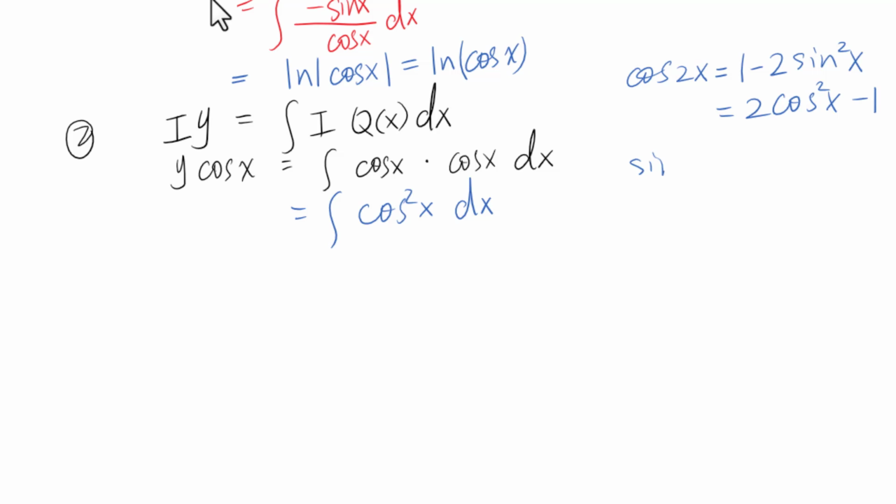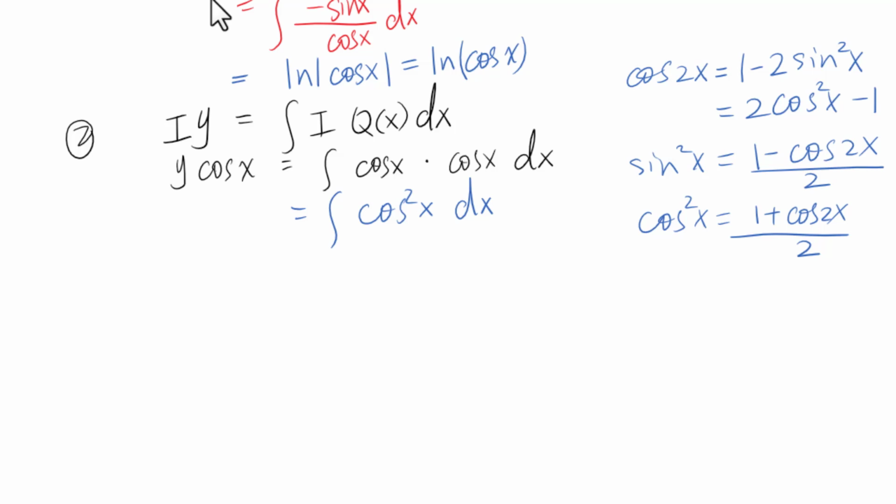So we get sine square x equals (1 minus cosine 2x) over 2, and cosine square x equals (1 plus cosine 2x) over 2.